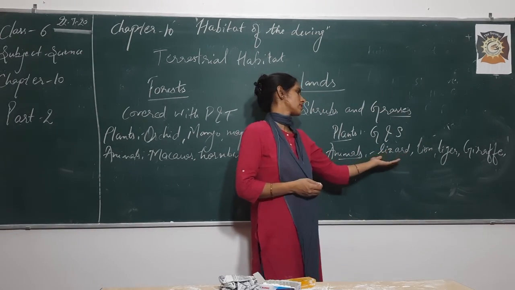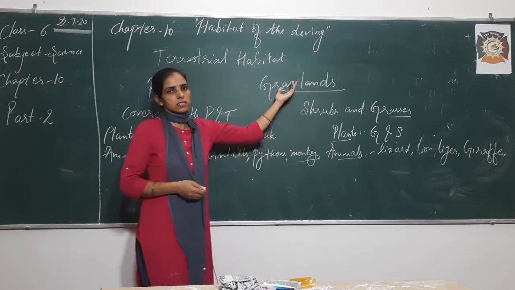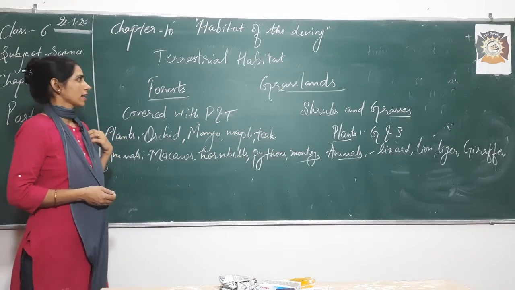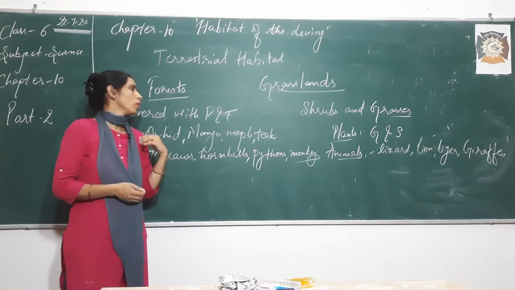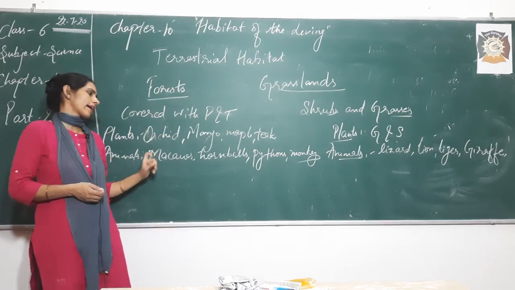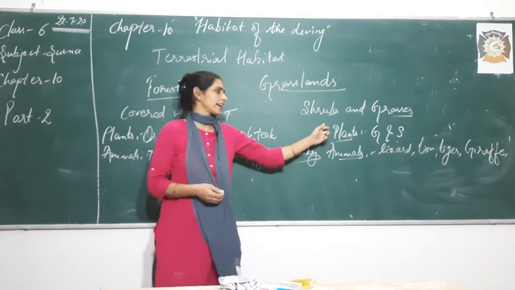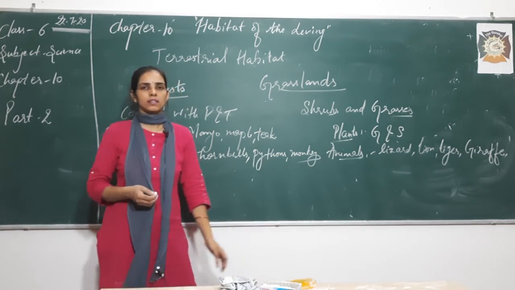All these animals live on grasslands. So the very first thing when we are discussing any type of habitat, we should know what kind of plants and animals we will find in that habitat.